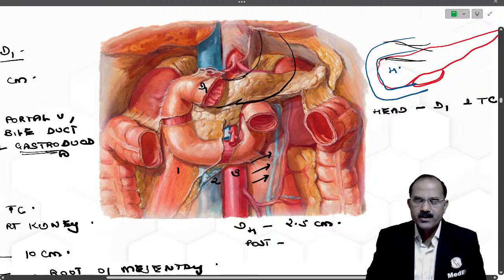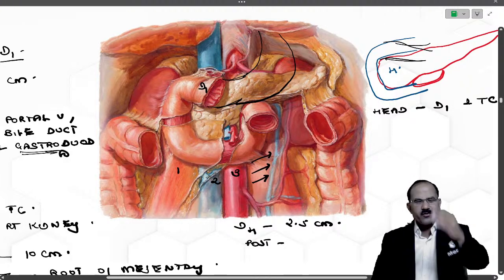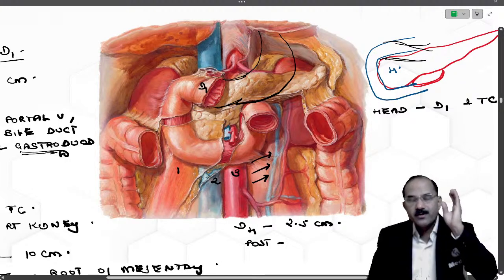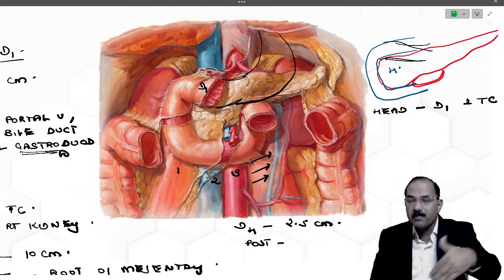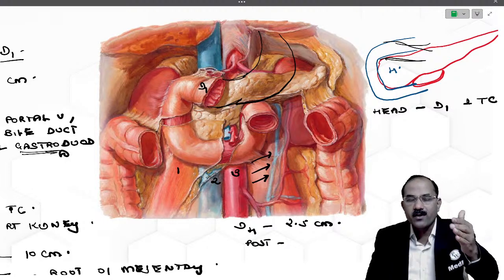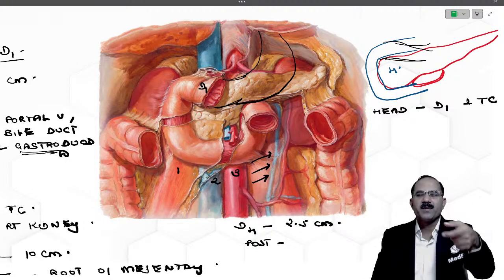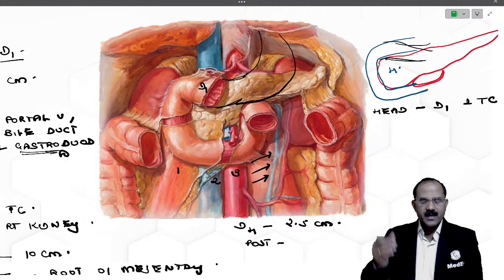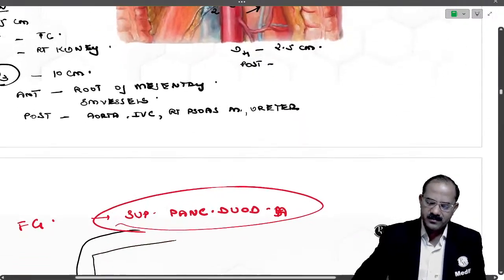That's the pylorus of the stomach. The first part of the duodenum is related to the head. So before the first part of the duodenum comes the pylorus of the stomach. So what is the anterior relation of the neck of the pancreas? Pylorus of the stomach. And what will the posterior relation be? Any guesses? Posterior relation.